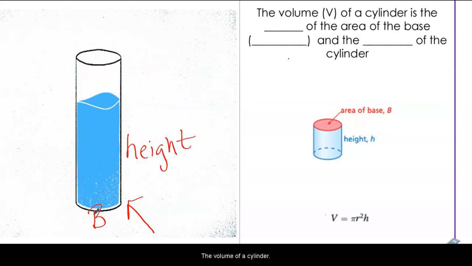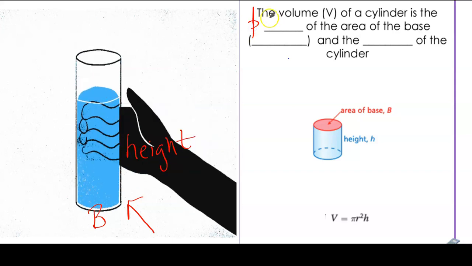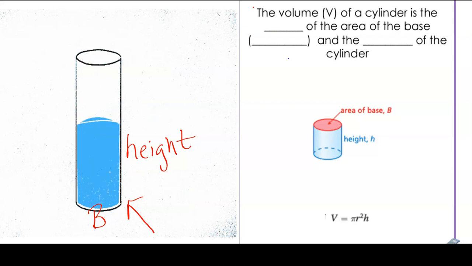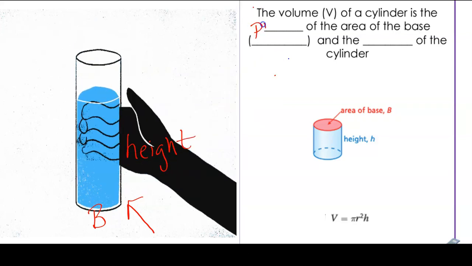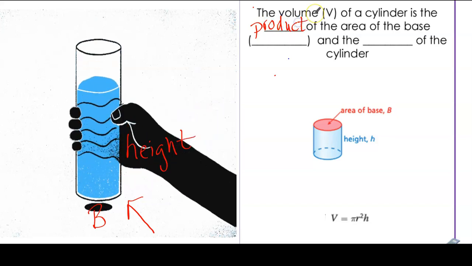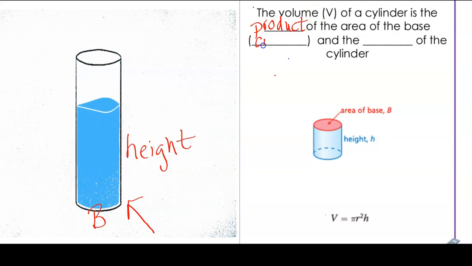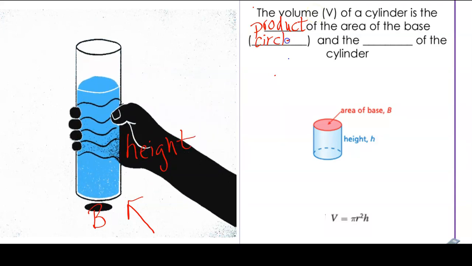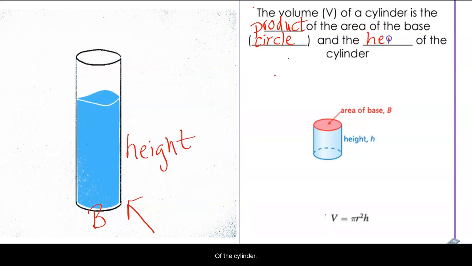The volume of a cylinder is the product of the area of the base, which is a circle, and the height of the cylinder.